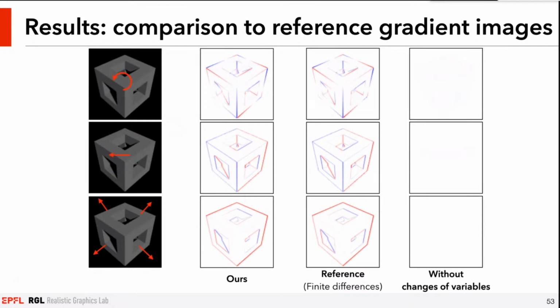So we can now differentiate shapes with respect to all kinds of changes: translations, rotations, shifts, of course, not just changes of the object itself, but also changes of individual parts of the object. If you don't do this change of variables, the gradients that you get are just wrong. They're almost zero. And then with these changes of variables, you can reconstruct the right value.